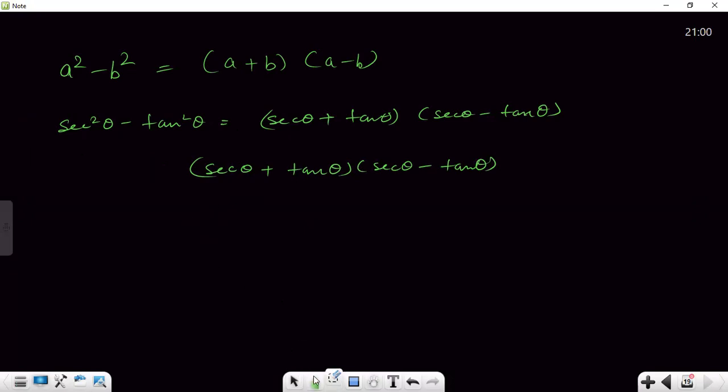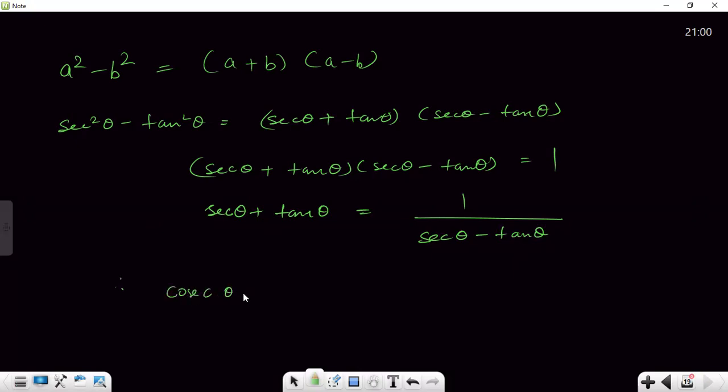This was given as equal to 1, so I have just written sec square theta minus tan square theta, which is equal to 1. So sec theta plus tan theta is the multiple inverse of sec theta minus tan theta. And similarly, we can say for cosec theta: cosec theta plus cot theta and cosec theta minus cot theta are also multiple inverses of each other.